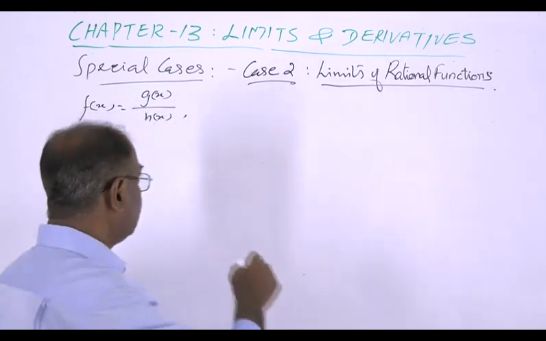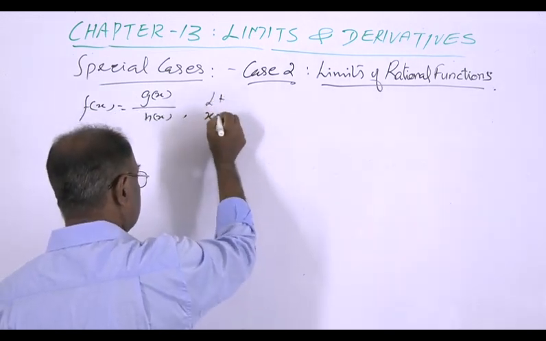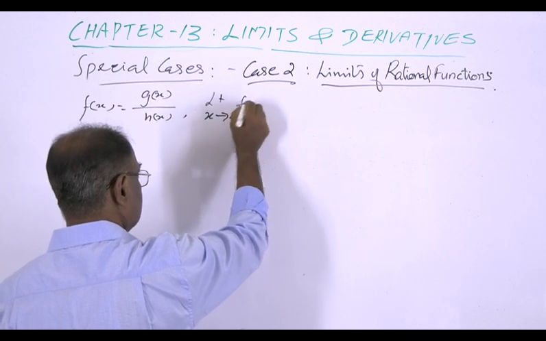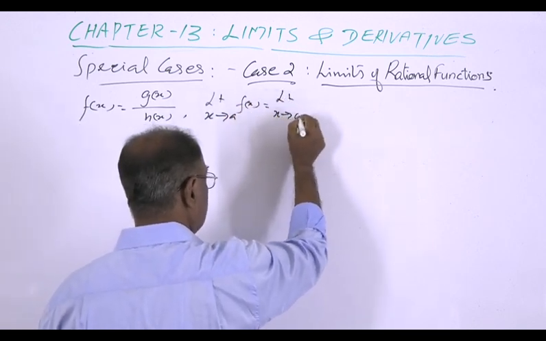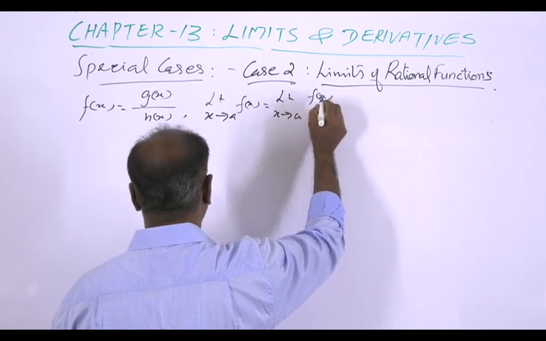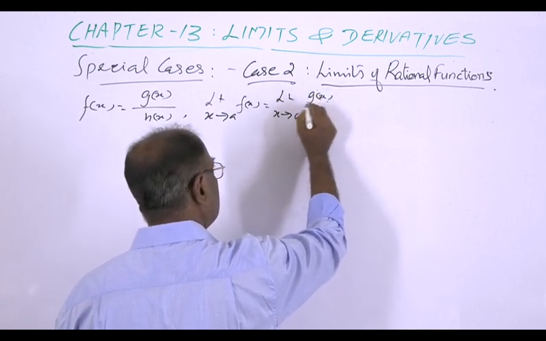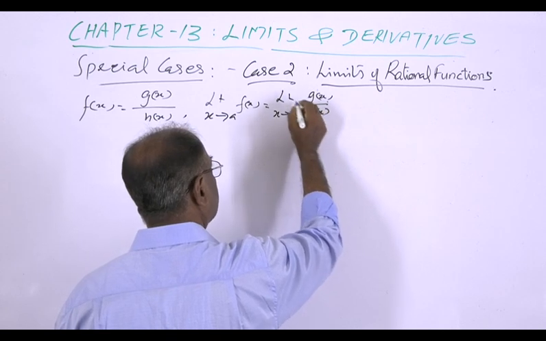Suppose we want to find the limit of this function f(x) as x tends to a. Then this is equal to the limit as x tends to a of g(x) by h(x).